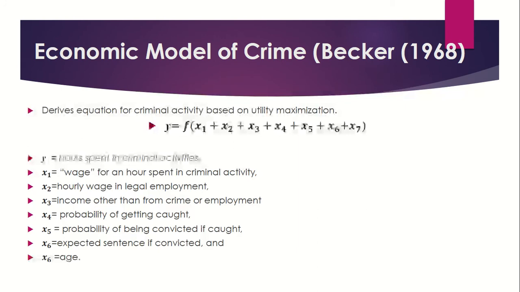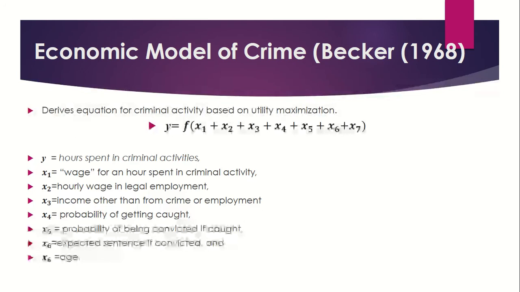Here, y represents hours spent in criminal activities, or time spent in criminal activities. Next variable x1 represents wage for an hour spent in criminal activity. Then comes x2, hourly wage in legal employment. Then comes x3, that represents income other than from crime or employment.